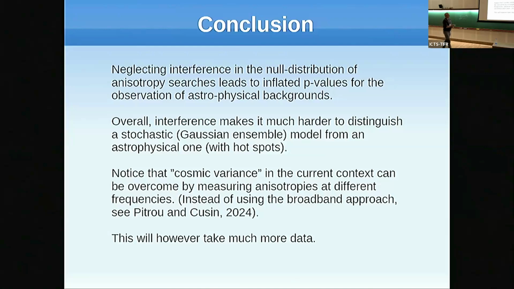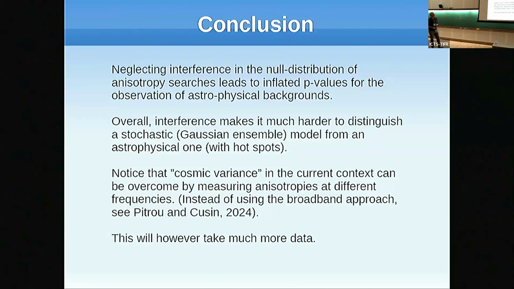Here, in principle, you have the possibility to measure different sky maps at different frequencies. So if the accuracy improves and the noise goes down, in principle, you could, let's say, measure 10 sky maps and average them, and the average of them will approach Hellings-Downs, right? So in principle, what's called cosmic variance here is not totally irreducible, because here you can in principle reduce it using different frequencies.